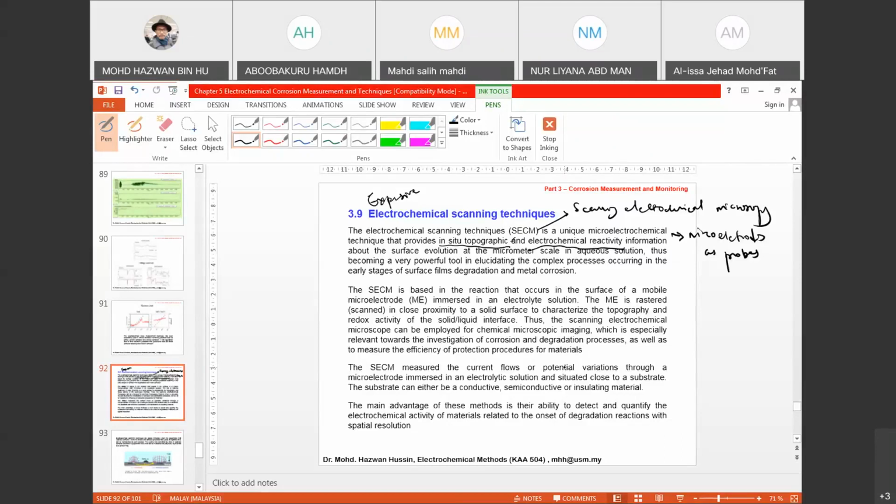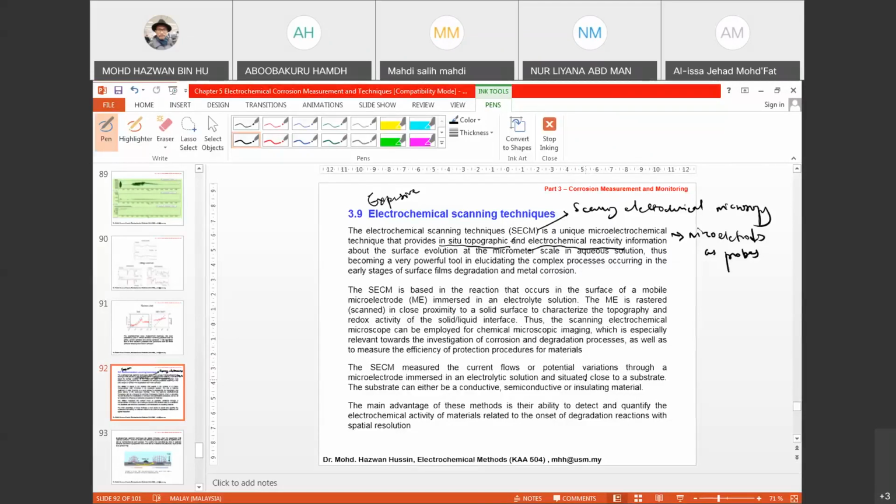Thus, the scanning electrochemical microscope can be employed for chemical microscopic imaging, which is especially relevant to the investigation of corrosion and degradation processes, as well as to measure the activity of protection procedures of materials, right?